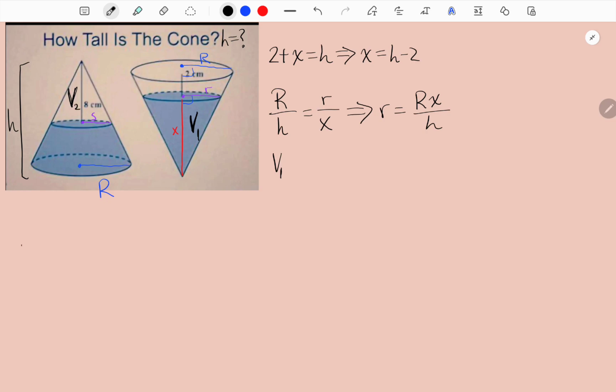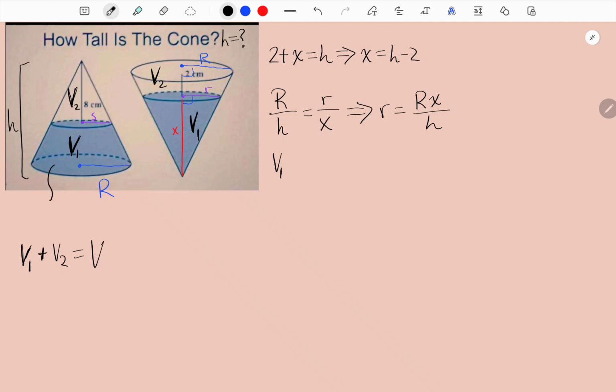We see here that volume 1 plus volume 2 has to give me the total volume of the cone, because if this blue part is volume 1, then this blue part is also volume 1, and that means this empty part is also volume 2.